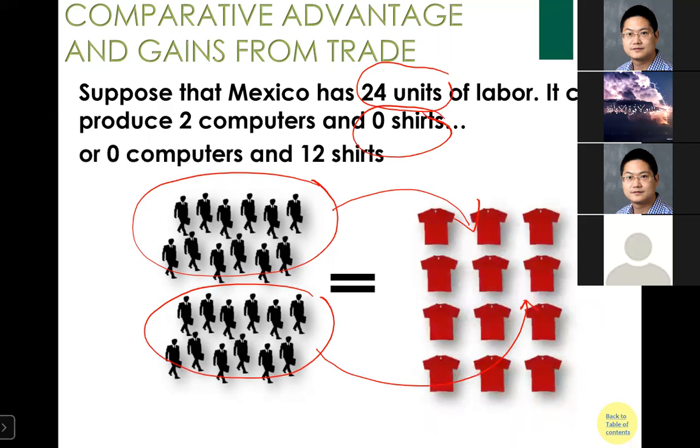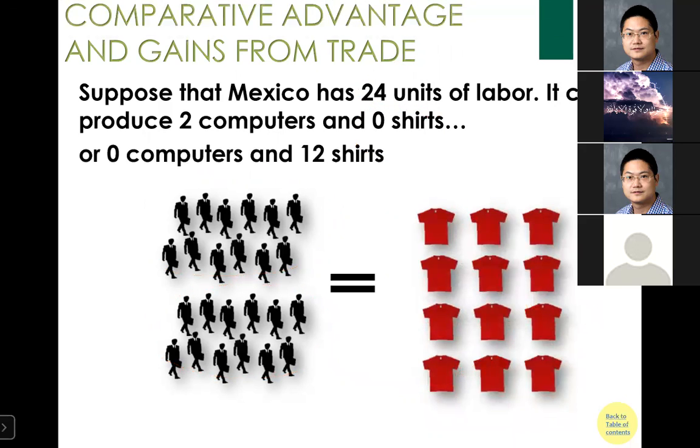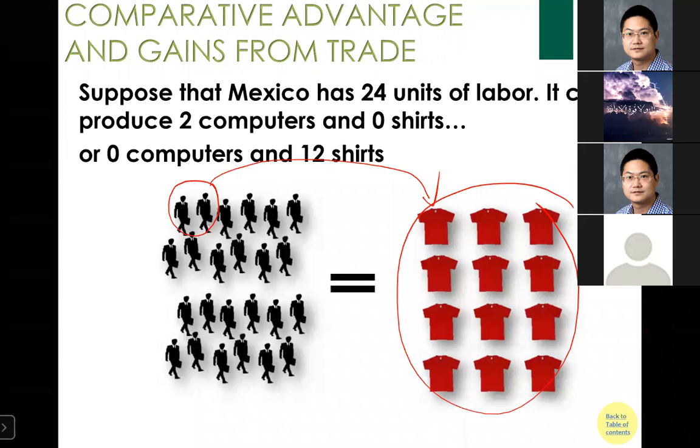On the other hand, what are they going to do? They may say, I'm going to allocate all resources to shirts, because every 2 workers can produce 1 shirt, right? And for 24, we have 12 groups. They are going to produce 12 shirts, because we allocate all the resources to producing shirts, and so we produce 0 computers. Again, this is the idea of scarcity of resources.